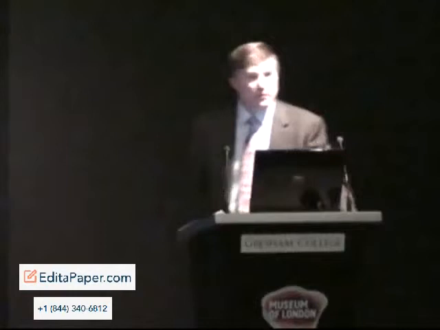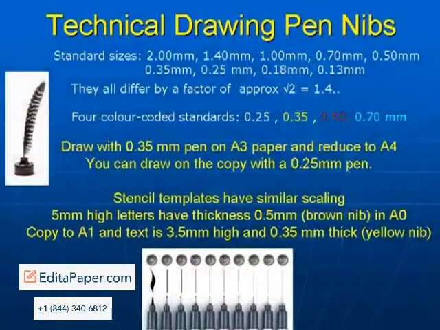Well, draftsmen have thought of that, and if you go down to your local branch of Staples or wherever you buy pens and technical drawing equipment, you'll find a group of standard sizes of technical drawing pen nibs. The standard sizes may be 2 millimetres, 1.4, 1, 0.7, 0.5, and so on.